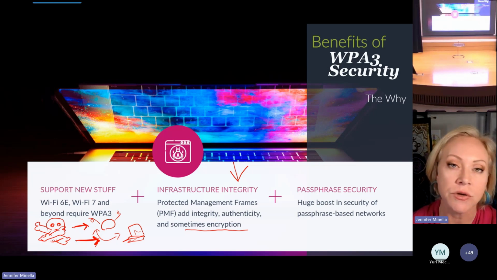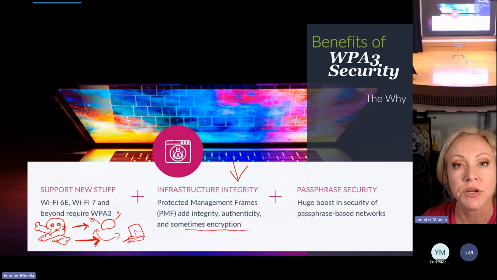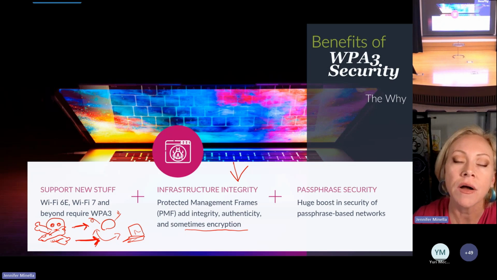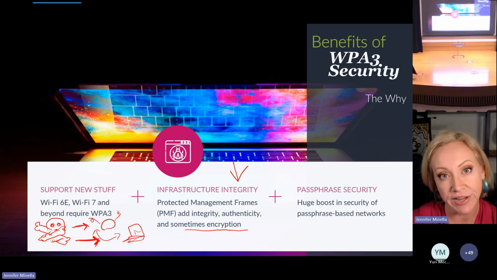And that's been a huge problem because even though we've used management frames for good purposes, it's a huge vulnerability when we're talking about the management of the network and the integrity of those communications that have been unprotected.